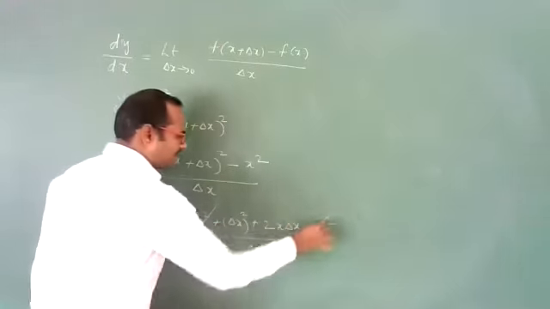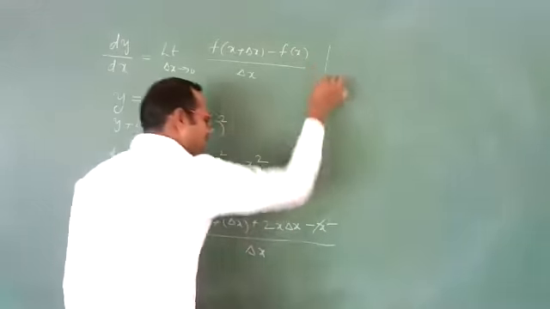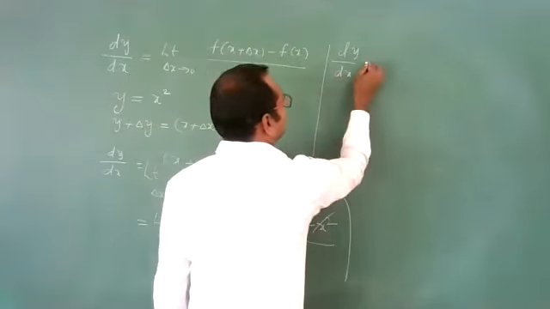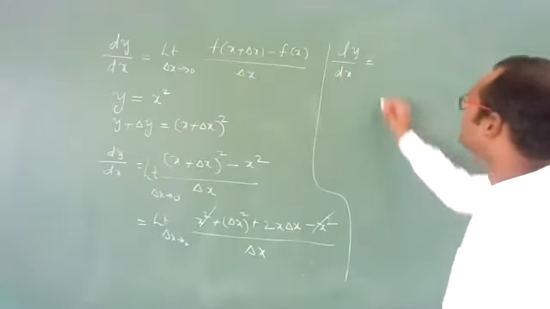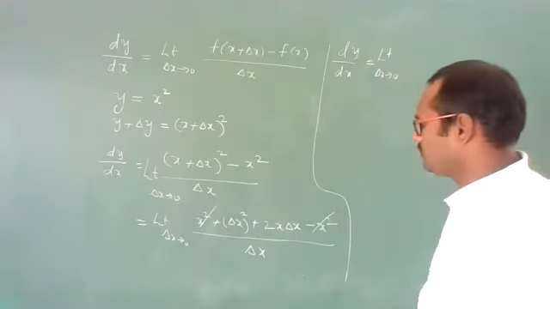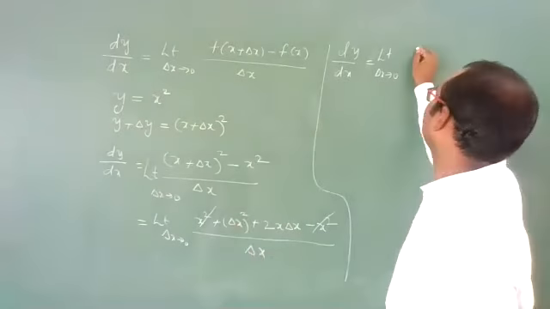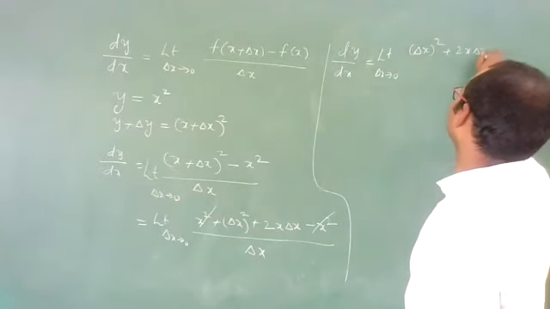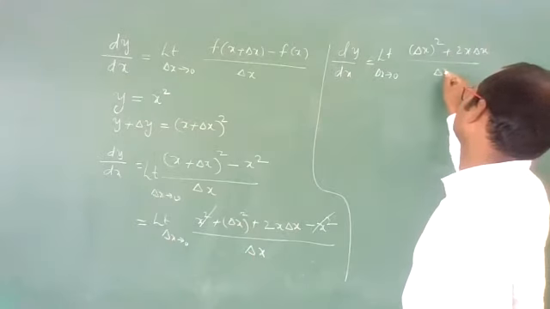Now x square minus x square cancel. You will get dy by dx as the limit as delta x tends to 0 of delta x whole square plus 2x delta x, divided by delta x.